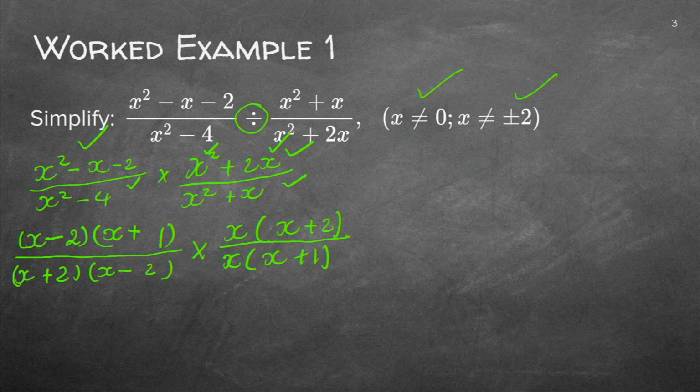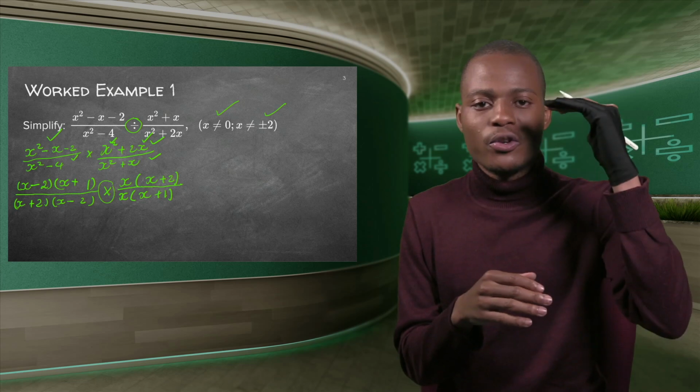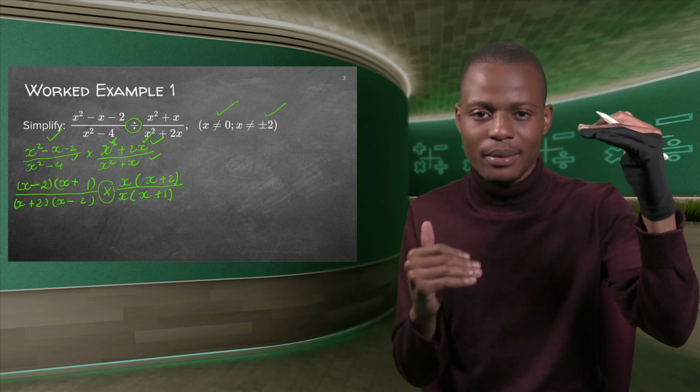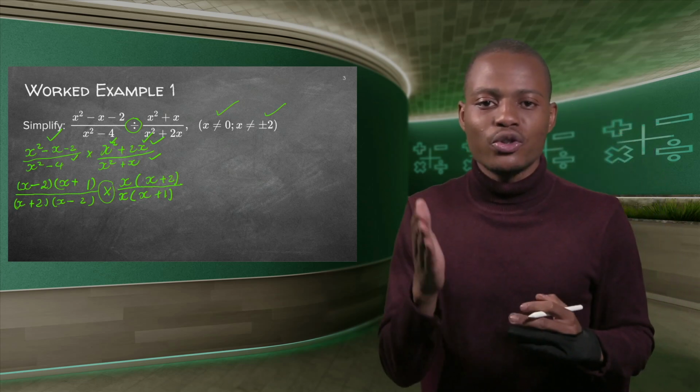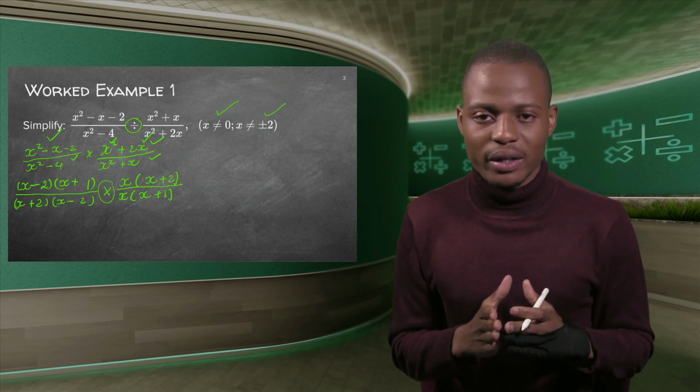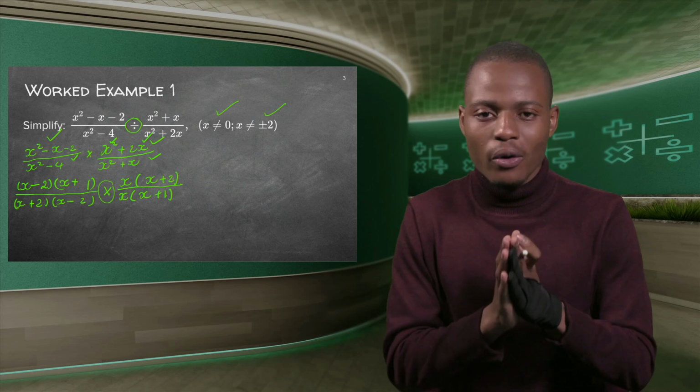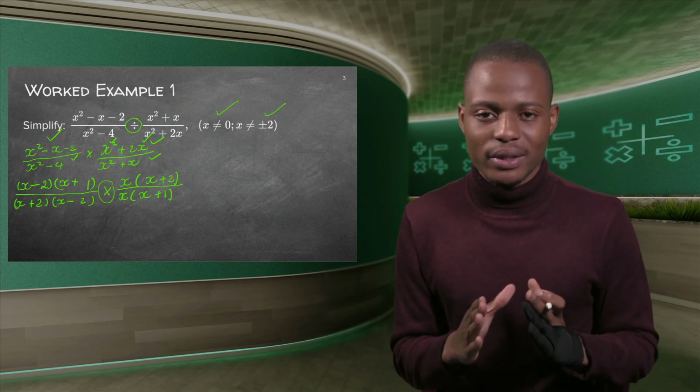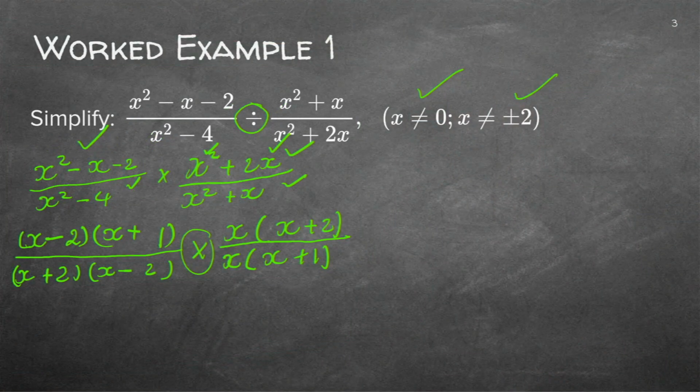Now once you have things like this, and the sign separating them is the multiplication sign, you are allowed to cancel out values if a numerator looks exactly the same as a denominator. So let's cancel out every value that looks the same. Let's look for x minus 2.